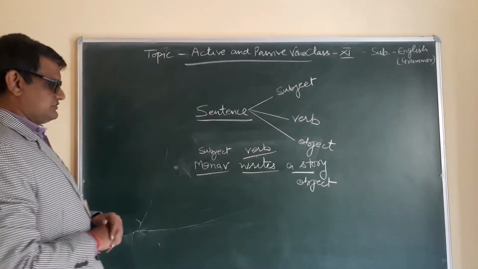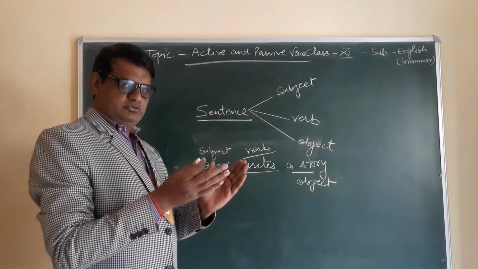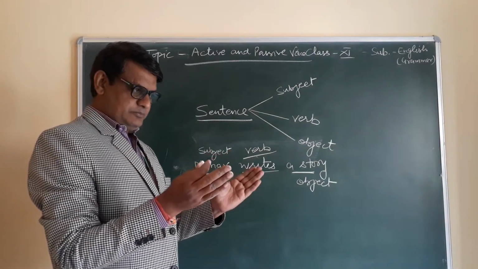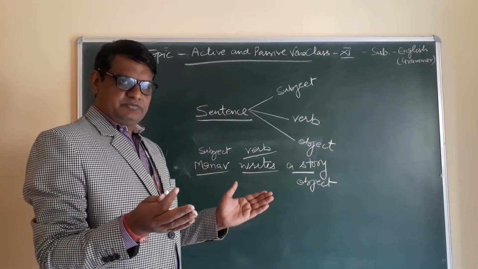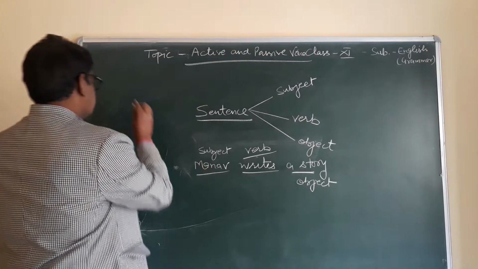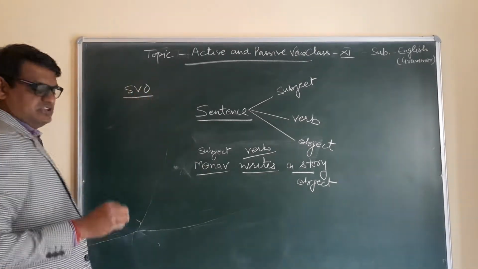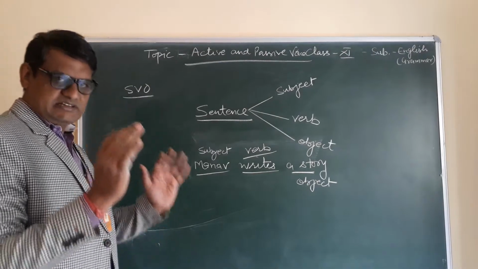So, dear students, while converting a sentence of active voice into passive voice, there are certain rules. First of all, you will identify the subject, verb and object in the original sentence.